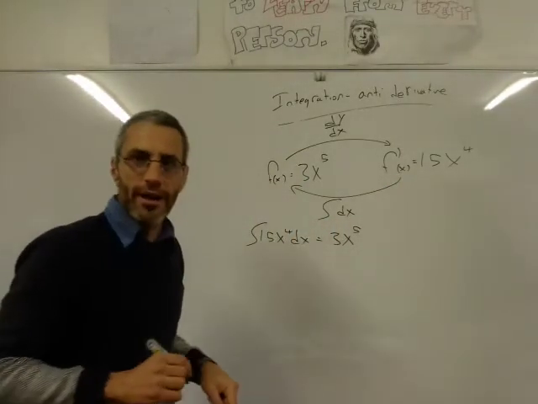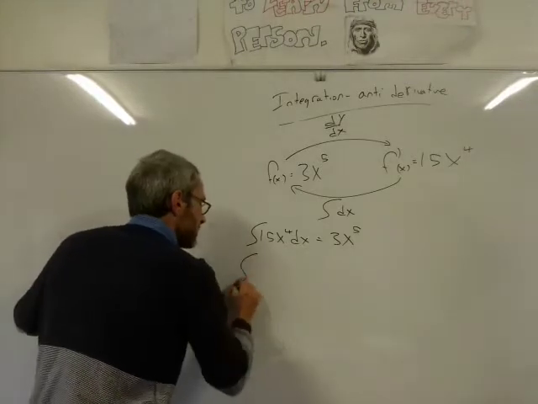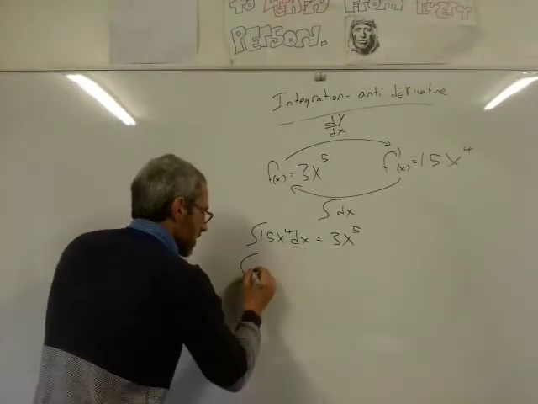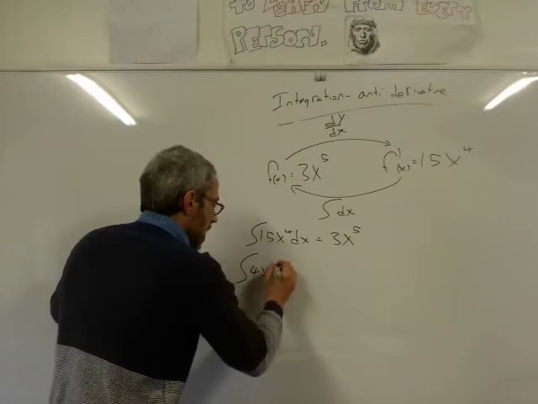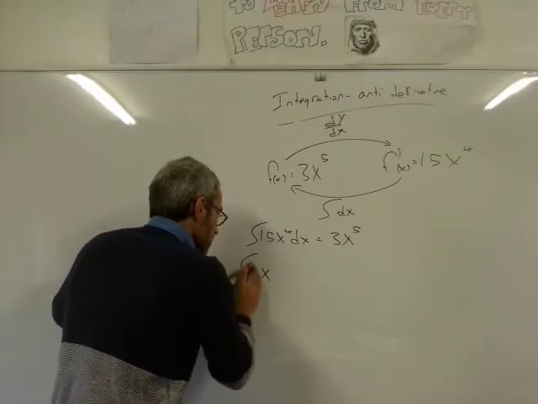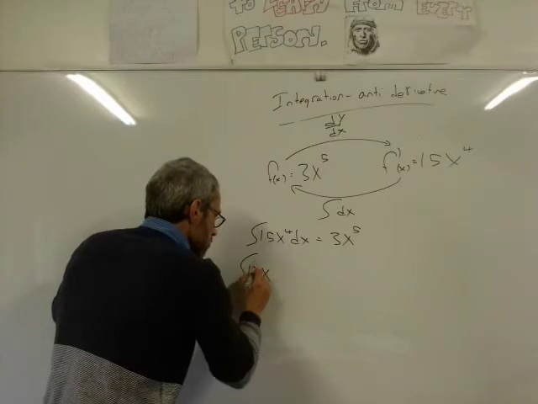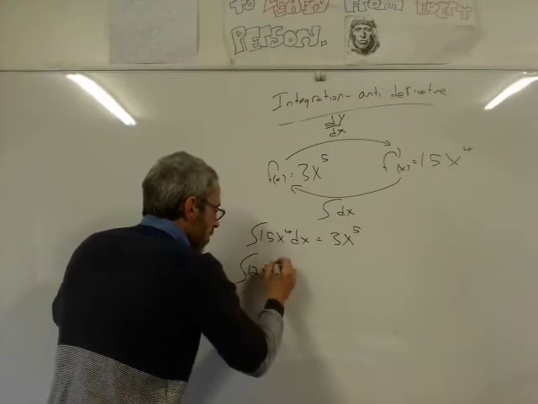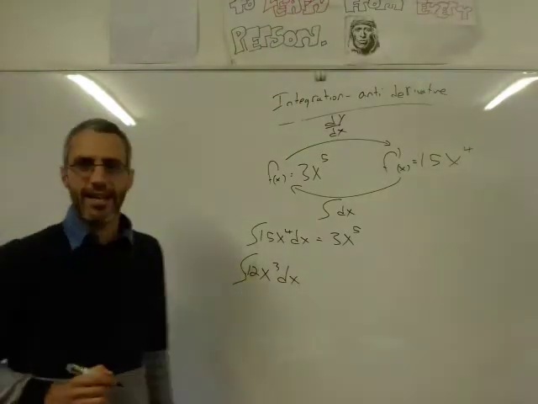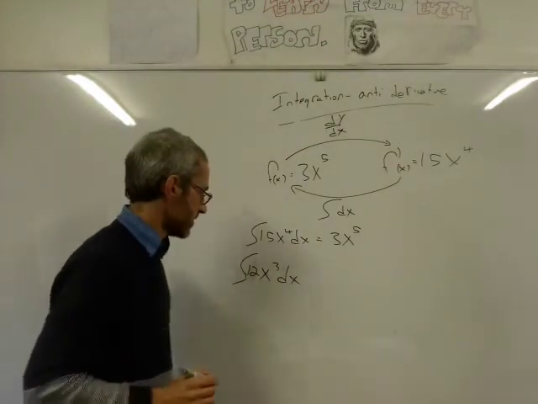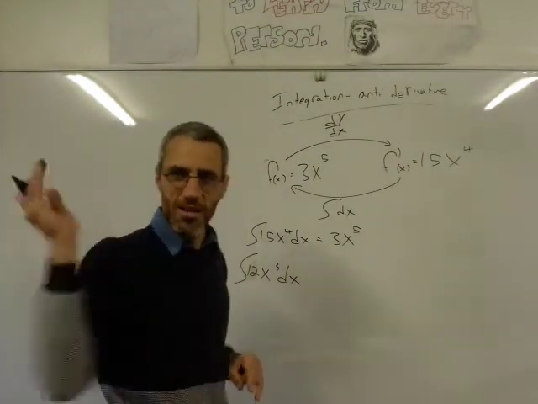So let's try and find the antiderivative of another function, let's do it a little bit easier. It's not easier: 12x to the power of 3. And we always have to put that little dx at the end. You'll see why that dx comes only next week.